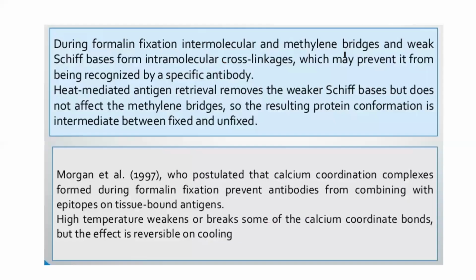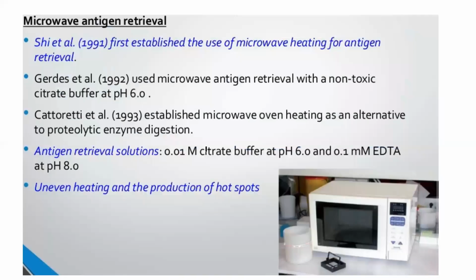Same stories. So we can use a microwave. After microwaving, we are using this citrate buffer to maintain the pH. We need to subject the tissue to pH variations to get the actual shape of the protein. So this is microwaving. There are many problems with microwaving.